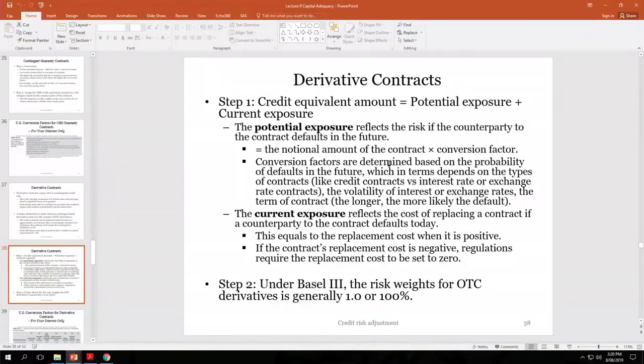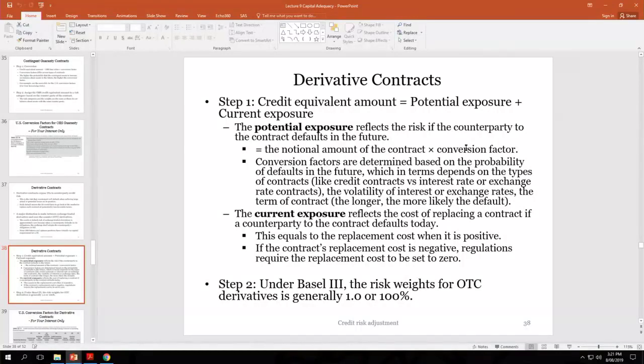So that's what we're trying to do. Potential exposure captures how much we probably will lose through the life of the derivative contract if the counterparty defaults, right? So what we do is take the contract size of the derivative contract, multiply by a conversion factor, and this conversion factor reflects the probability that the counterparty will default in the future, right?